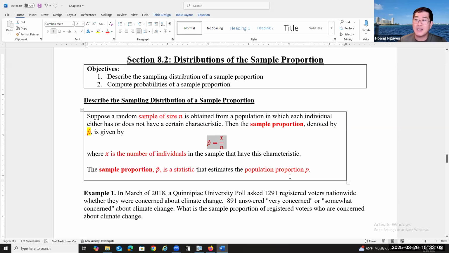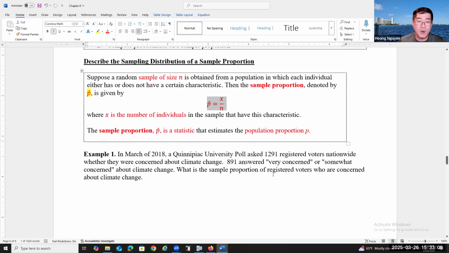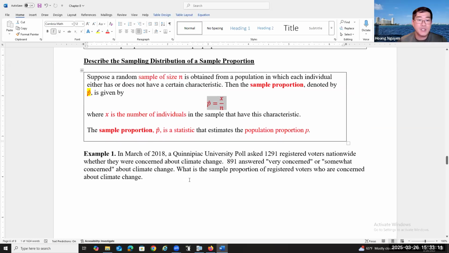Now let's use this definition of how we calculate the sample proportion to answer example number 1. In March 2018, a survey asked 1,292 registered voters nationwide if they are concerned about climate change.